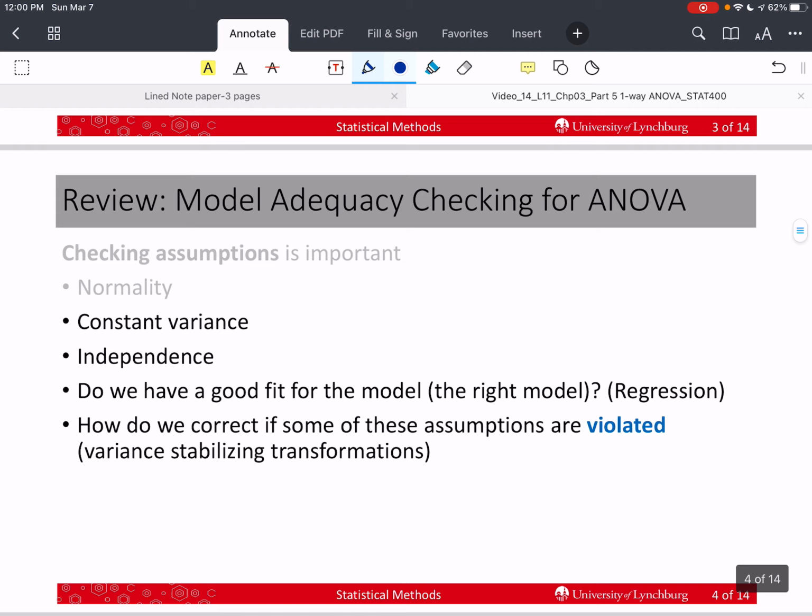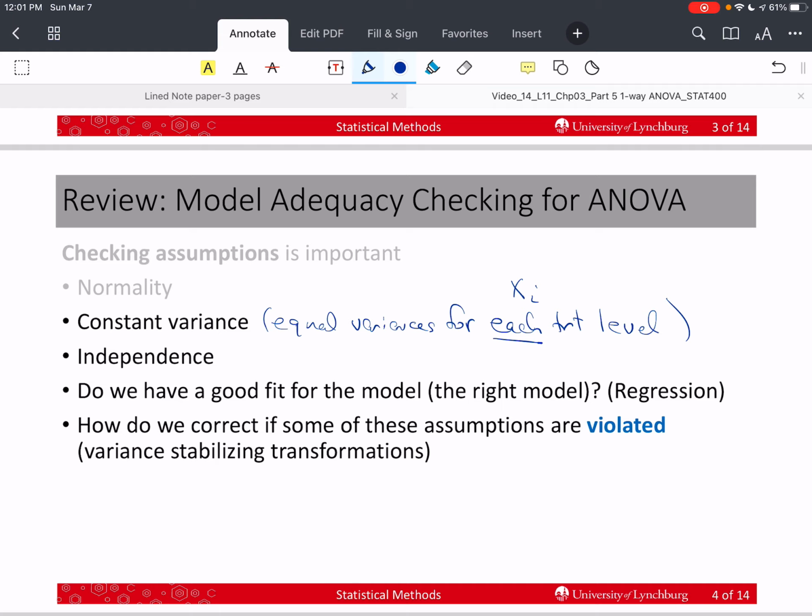Okay? So in the last video, we started checking assumptions, and we talked about the normality assumption, and we used a QQ plot to do so. Now we're going to talk about the assumption of constant variance, or equal variances, for each treatment level, in this case power level, or XI.